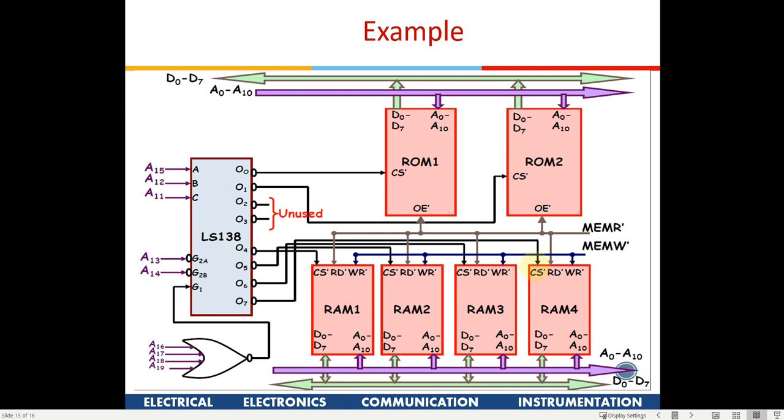So these connections also need to be shown, and then each of these has a memory output enable connection, and you need to show where those output enable connections are coming from. So memory read, then output enable is connected from the output of this chip, and then you have memory read bar and memory write bar signals also coming to the memory chips. So that completes all the interconnections required for this RAM structure.